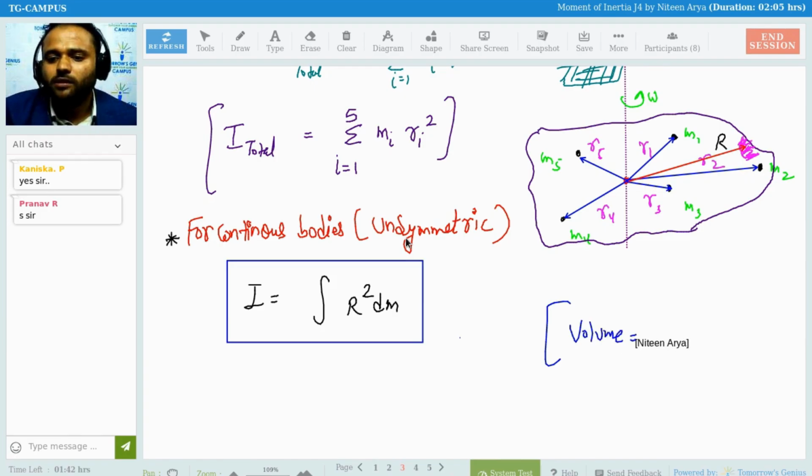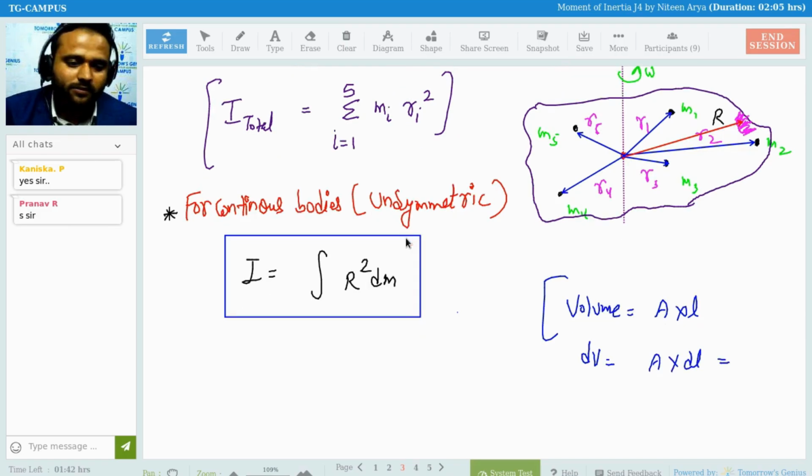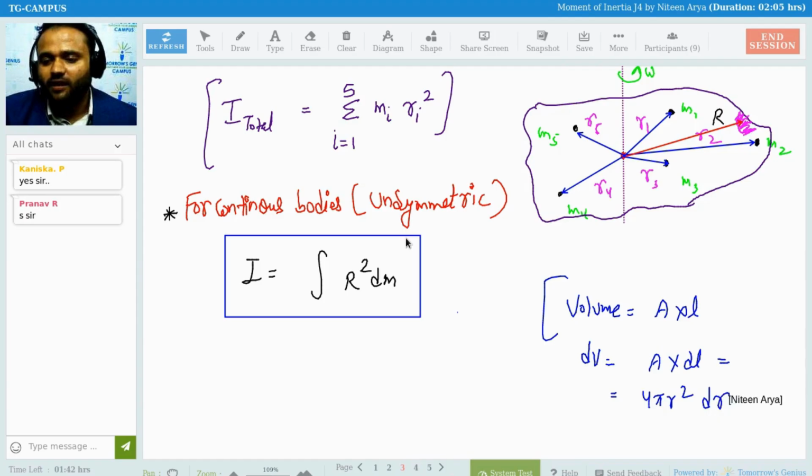Volume is nothing but area into length, so for dv I can do area into dl. The same thing here: area of a ball, sphere, is 4 pi r square, and then dr. Got it now?